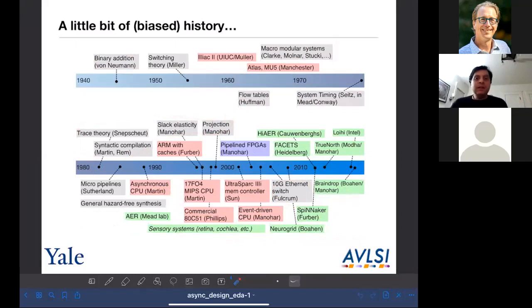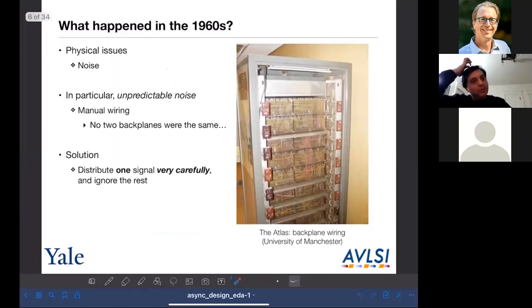It's instructive to think about what happened in the 1960s. Computer science is a funny thing, where the discipline is young enough that there are people today who remember what happened in the 60s. What I'm repeating is something I heard from some of the researchers working on computers in the 1960s.